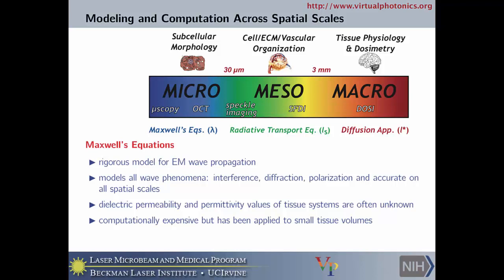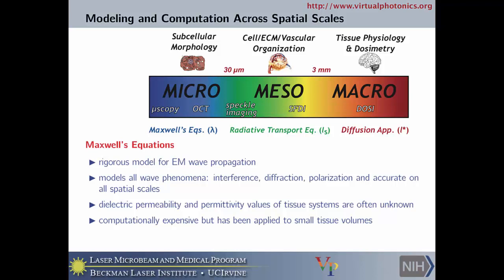Nonetheless, there's been some important work in trying to understand primarily microscopy type of techniques in turbid tissues using a Maxwell's equations approach. I would say that the pioneers and leaders in this field are Vadim Backman at Northwestern University and Andrew Dunn at UT Austin. They've developed finite difference time domain and pseudospectral time domain methods to solve Maxwell's equations.